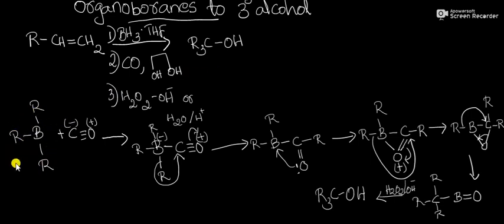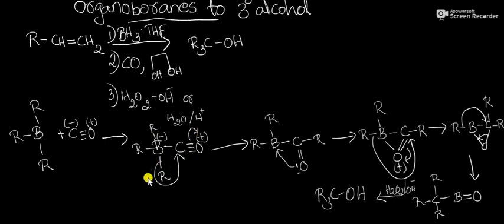Here the organoborane adds with the carbon monoxide, that is C minus triple bond O plus. It acts as a Lewis base. Then the negative charge will attach to this boron and it is converted into R3B minus C triple bond O plus.